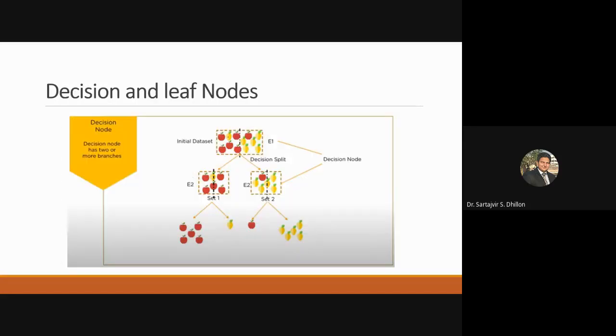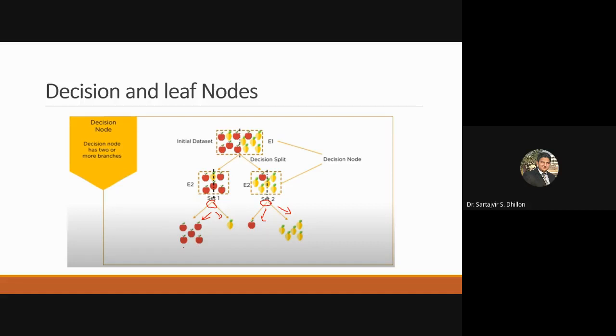Here you can see that these two are the decision. There is a split into two parts, and this is further split on the basis of color. You can do it by just adding the color, which one is red and which one is yellow.